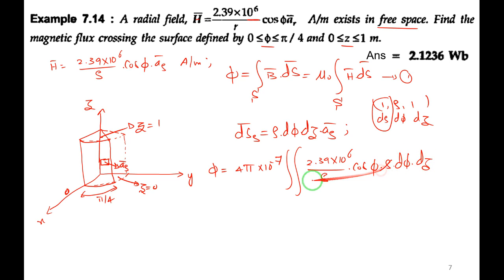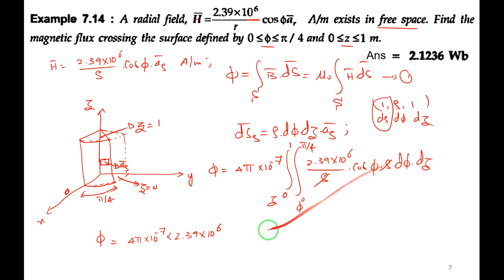Rho will get cancelled. Next, phi is varying from 0 to pi by 4, and z is varying from 0 to 1. Now integrate this. The 4 pi into 10 power minus 7 into 2.39 into 10 power 6 can be taken out.